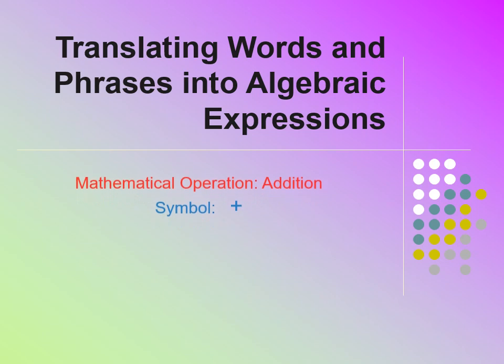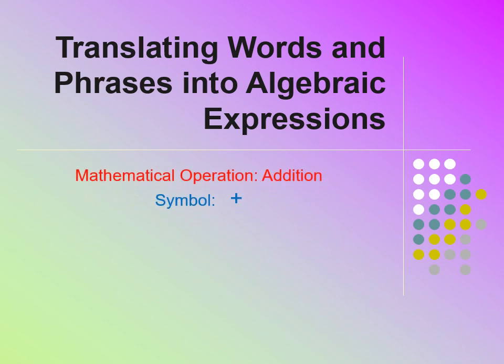Now let's apply these, how to construct algebraic expressions from words and phrases. So we can use mathematical operations which we can connect words and phrases to express an algebraic expression.